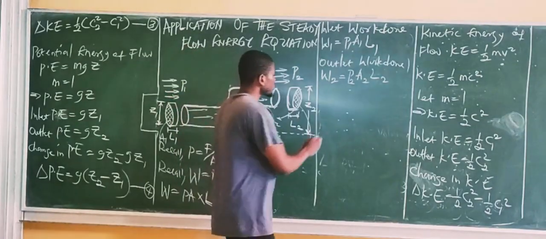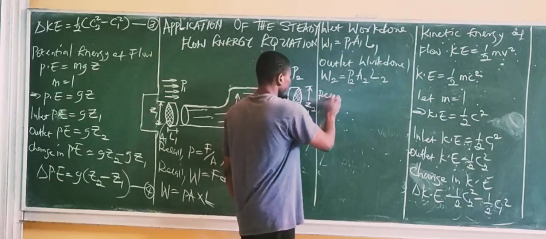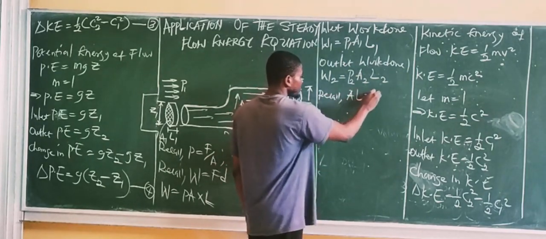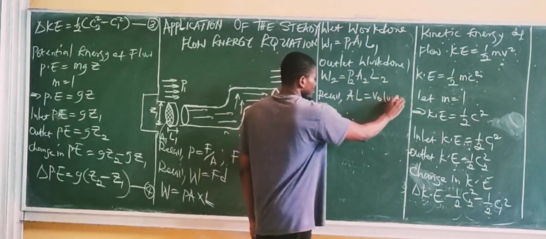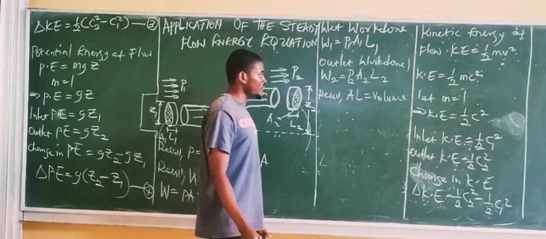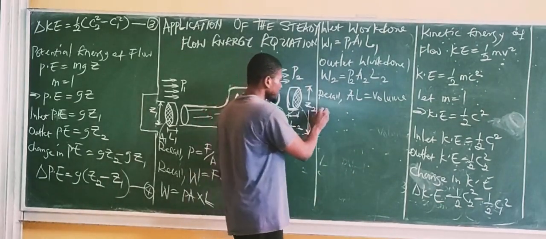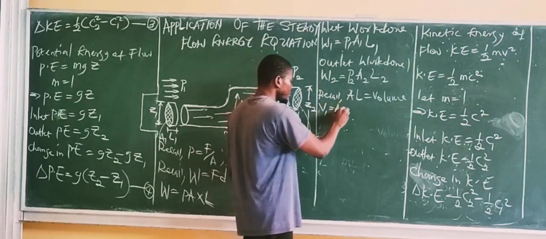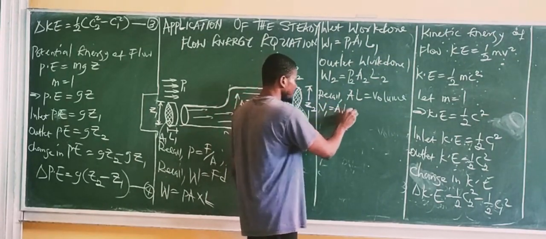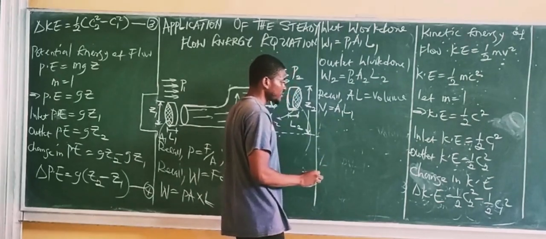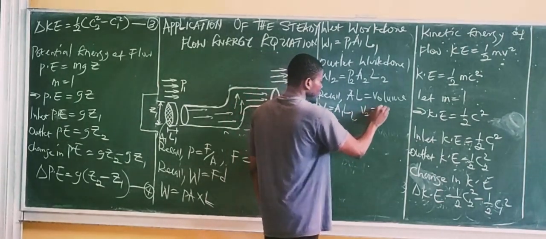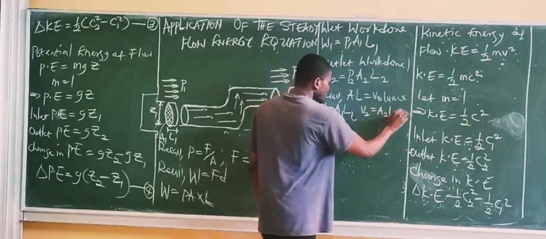Recall that area times length is simply volume. So the initial volume V1 is the area at the inlet times the length at the inlet, A1 L1, and V2 is equal to A2 L2.